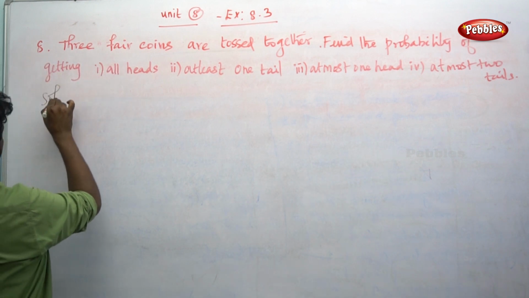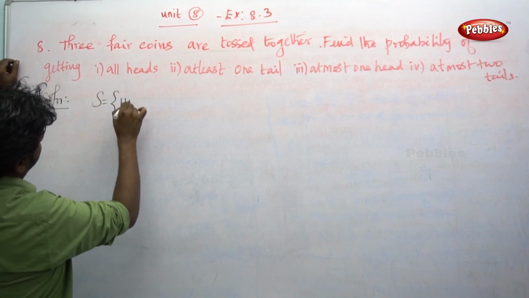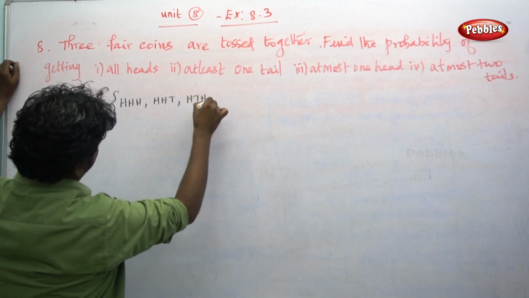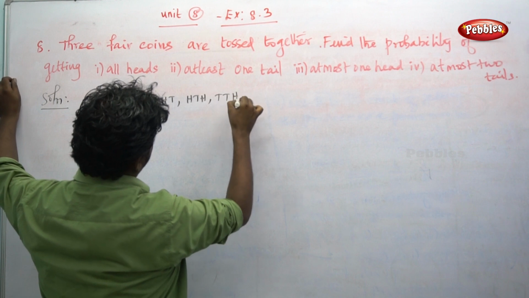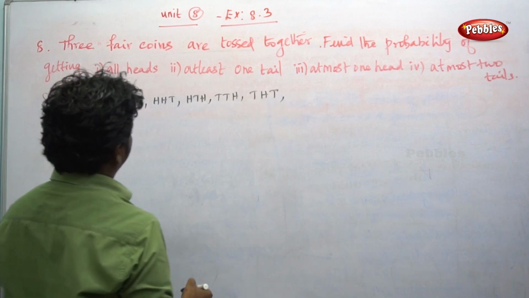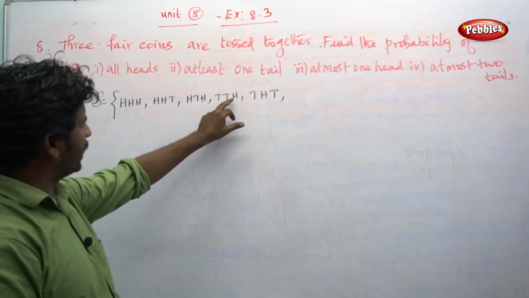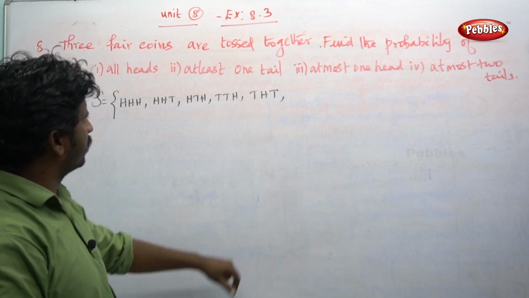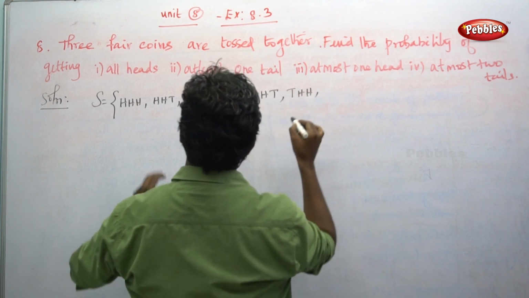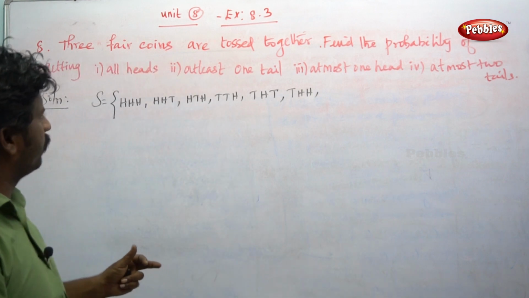See the solution. So 3 fair coins. How do we write the sample space? Head head head, head head tail, head tail head, right? Tail tail head, right? Then tail head tail. Then head head tail is written. Then head tail head, tail tail head, tail head tail. Then tail head head. Then 1, 2, 3, 4, 5, 6. Then all three tails.